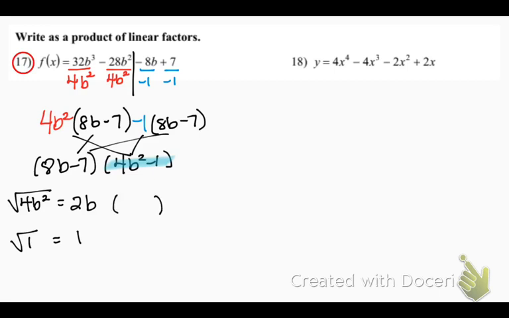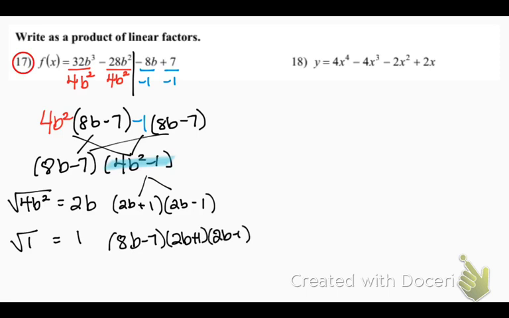So that means I have 2b as my first term, 1 as my second term, and plus or minus, so that's how this factors. So that means my final answer is 8b minus 7 times 2b plus 1 times 2b minus 1. Okay? And this will be the final answer.